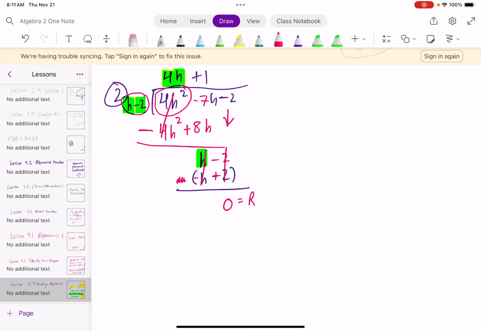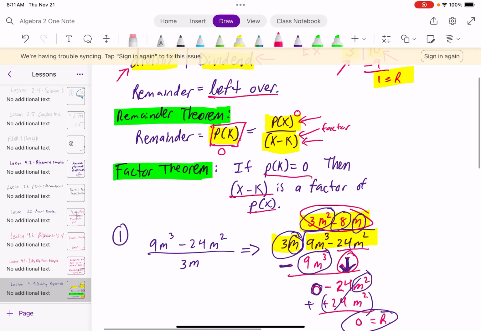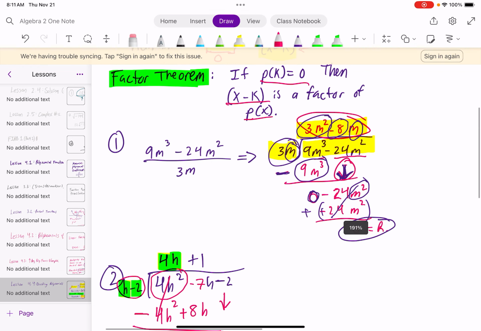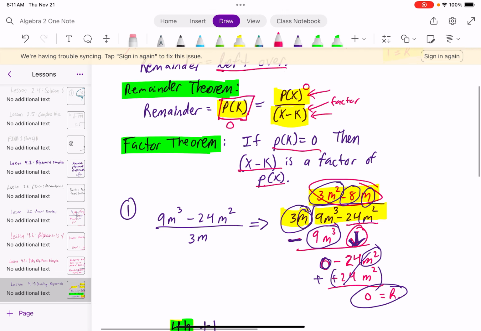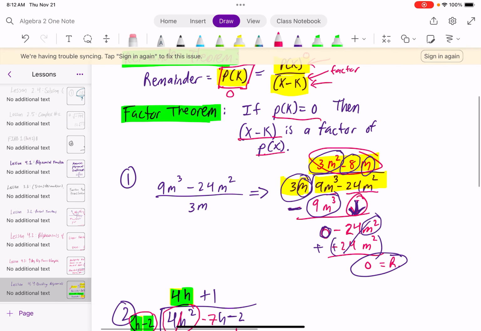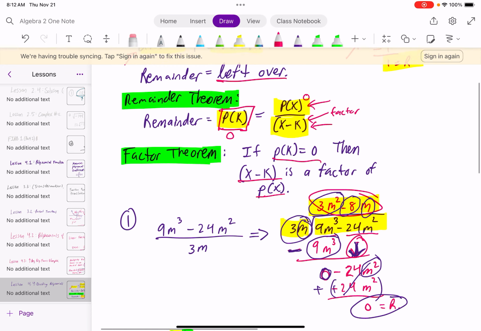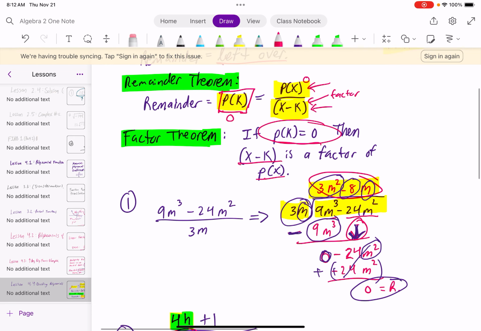So, by the remainder theorem, by the factor theorem, if P of k is 0, then this is a factor.